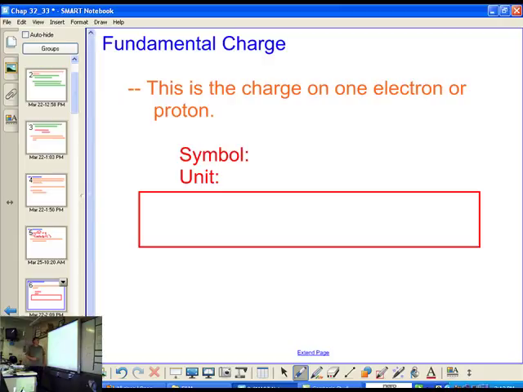Because the fundamental charge, that of one proton or electron, we say is e. Our unit is the coulomb. This is a number you should write down.